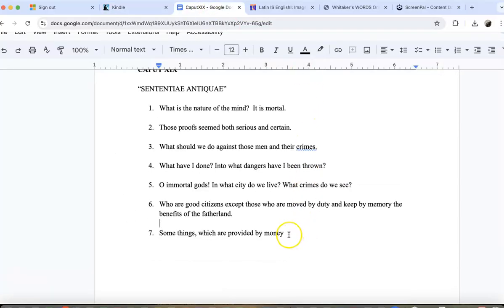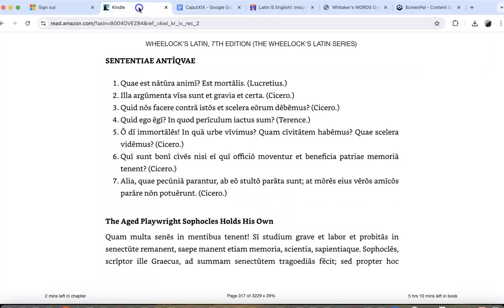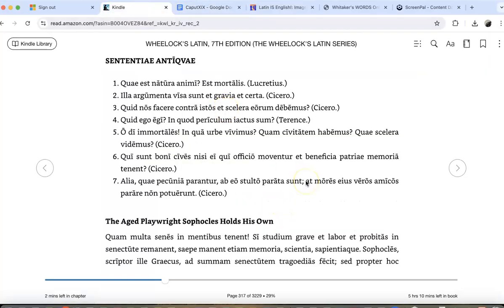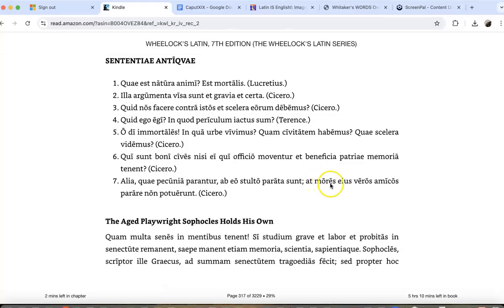Have been provided by that stupid man. But then we're not done with the sentence. But, so at means but. This is where we get the word mores. In this case, it can mean character. But his character was not able to provide true friends.